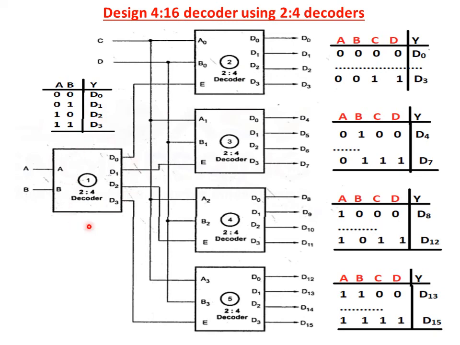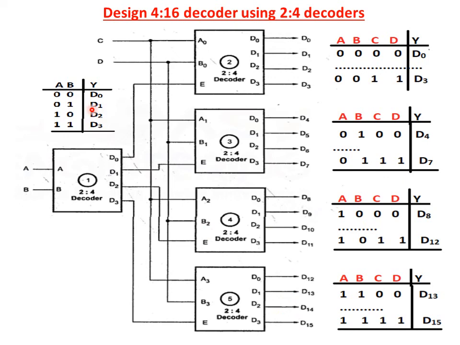The first 2:4 decoder acts as a selection decoder. This decoder will select which decoder has to connect to the output side. So decoder 2 outputs are D0 to D3, decoder 3 outputs are D4 to D7, decoder 4 outputs are D8 to D11, and decoder 5 outputs are D12 to D15.